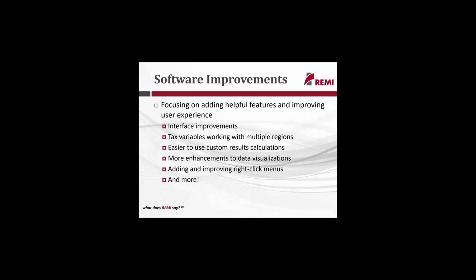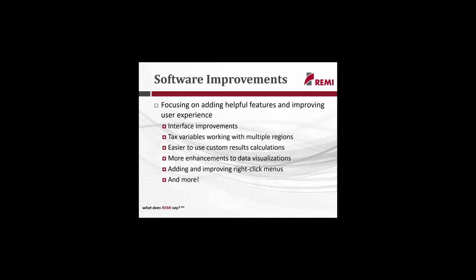For this next version, we're still planning on adding new helpful features, making the user interface friendlier, and trying to keep up to date on all that sort of thing. We have various changes that we're going to implement. We've made other changes, like some of the tax policy variables that people have been wondering why they can't put in for aggregate regions.